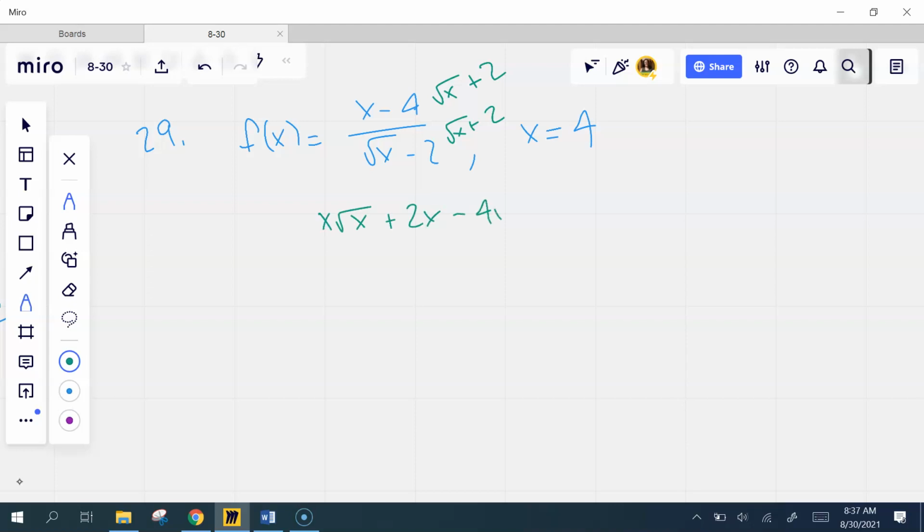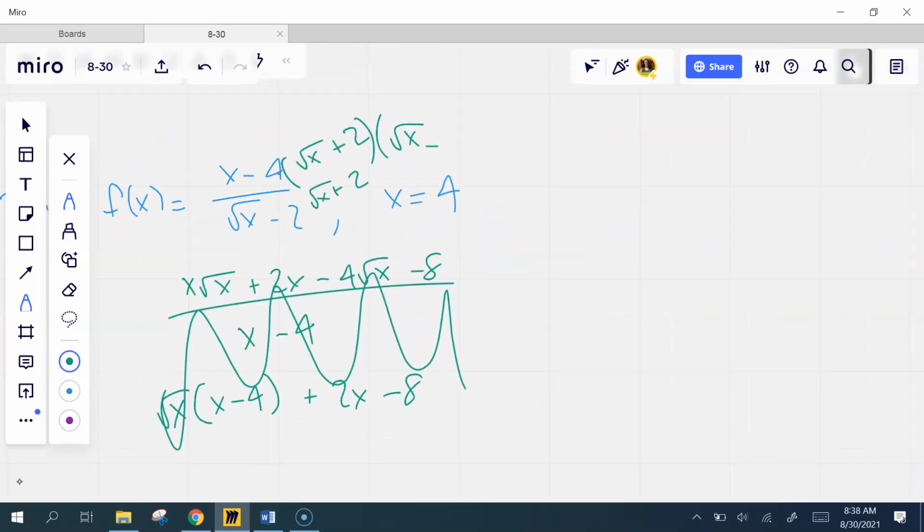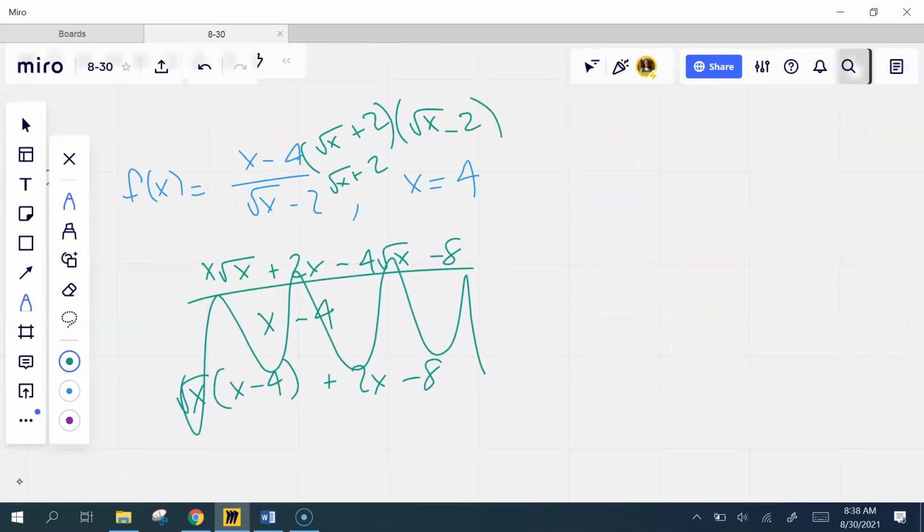Just to plug it in. Oh, I see. Made it a difference of 2 squares. What now?